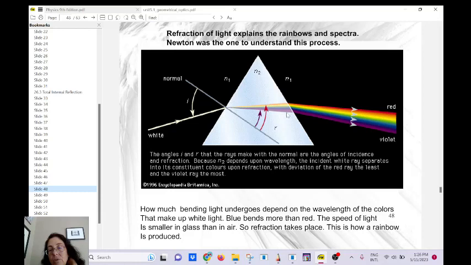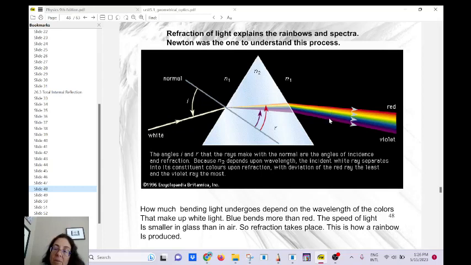The index of refraction depends on the wavelength. So for blue, the index of refraction of that glass is not going to be the same as for red. The smaller the wavelength is, the more refracted it's going to be. And that difference is what gives you the dispersion.